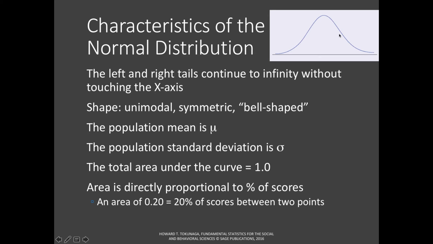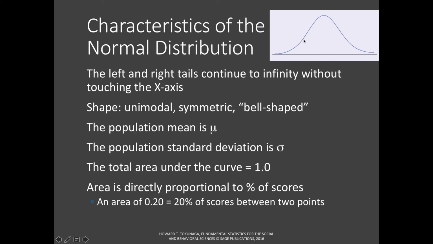The total area underneath this curve equals 1.0. So that's important to remember when we're getting to some of the questions and examples later, that the total is 1.0. And then the area underneath this is proportional to the percent of scores.